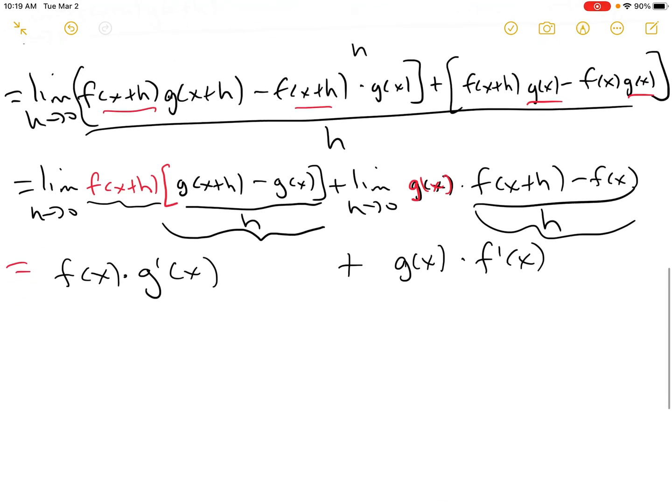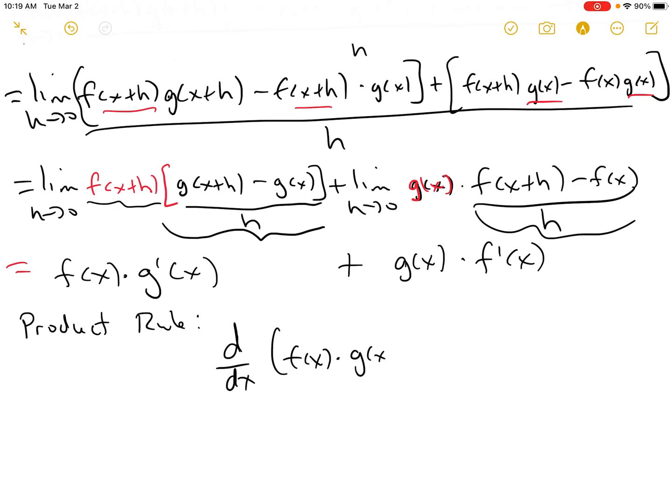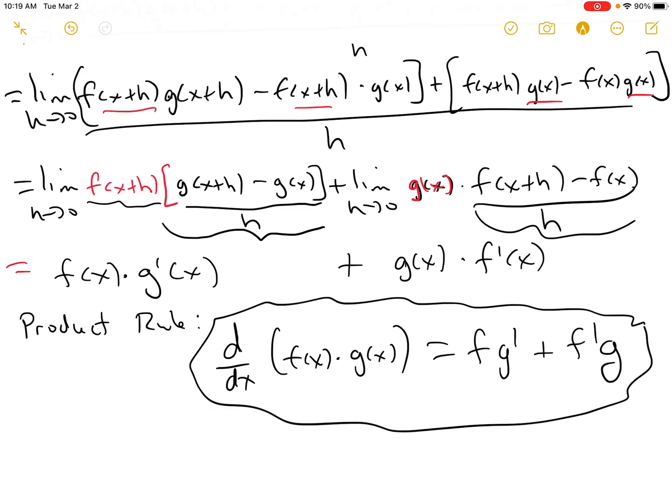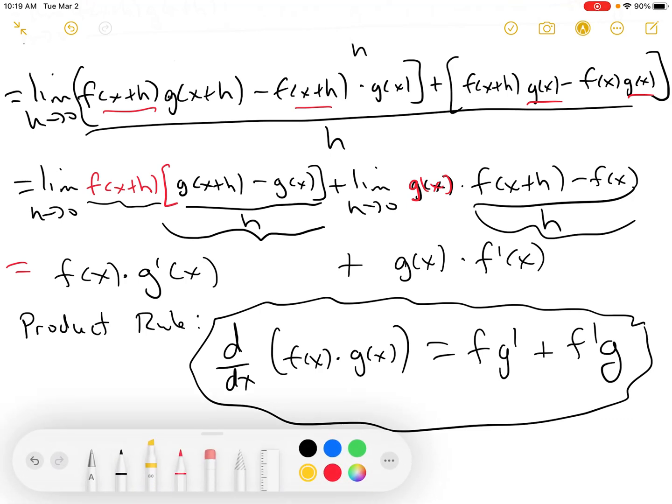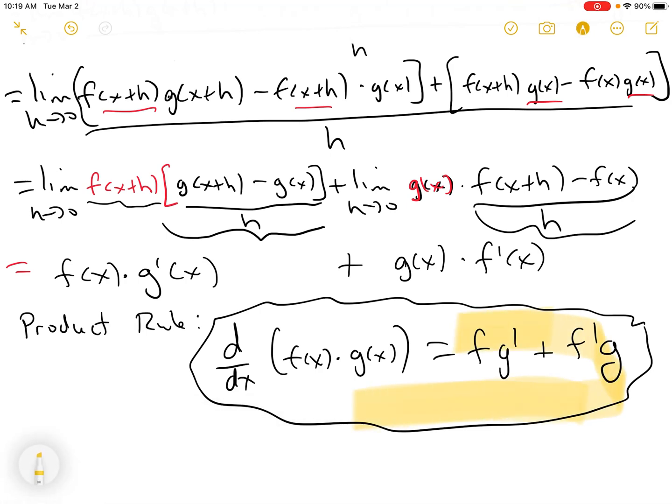So there it is. The product rule. The derivative of f of x times g of x is f g prime plus f prime g. And this is very, very handy for us. Okay.